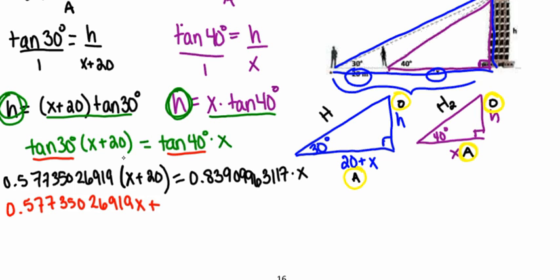When I multiply the 20 times the 0.577 number, I end up with 11, and again, I have to make sure I include all those decimals. So you'll have to work hard to keep your paper neat here.